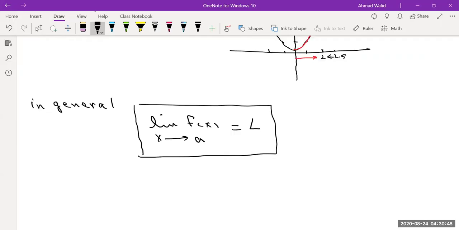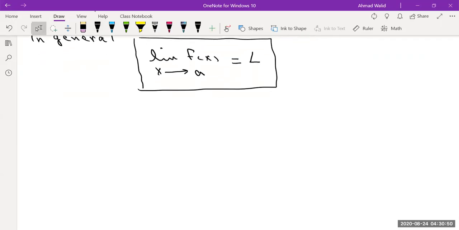Now, what does it mean? I'll write here the translation for you. How to read it first.